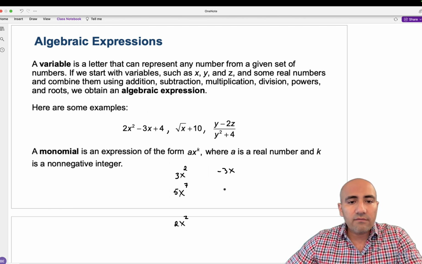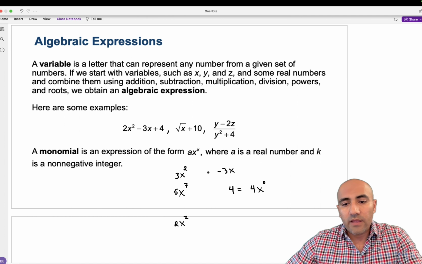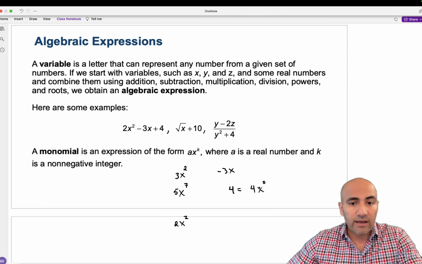And even the basic number 4, just the number 4, fits the form because 4 is the same thing as 4x to the power of 0. Right? So k is allowed to be a non-negative integer. That just means it's allowed to be 0. And remember that x to the 0 power is a 1, so 4 is the same thing as 4x to the 0 power, and therefore it fits this form.